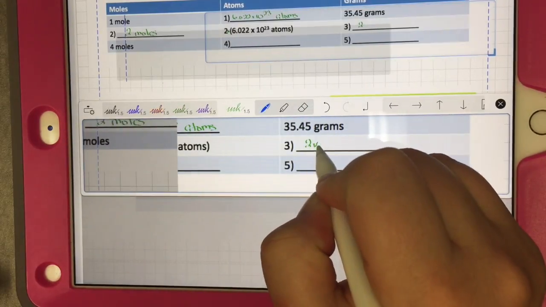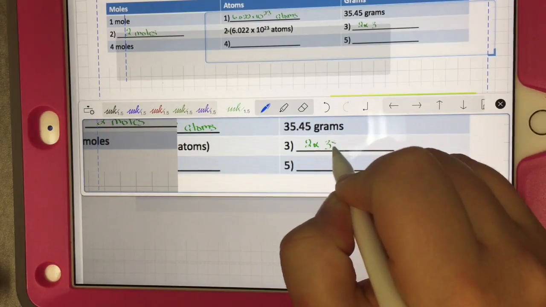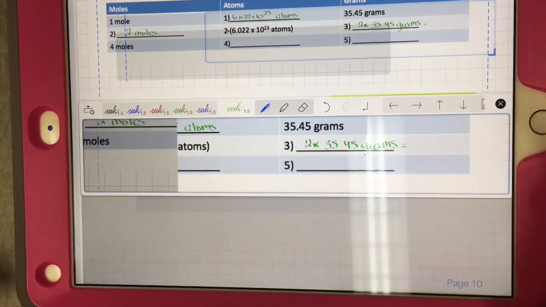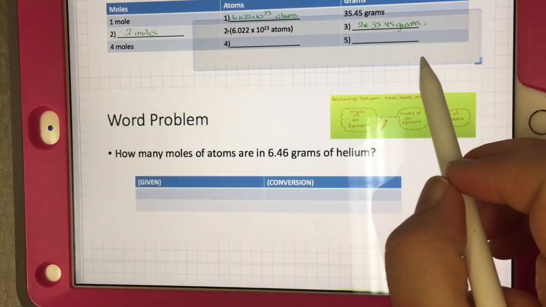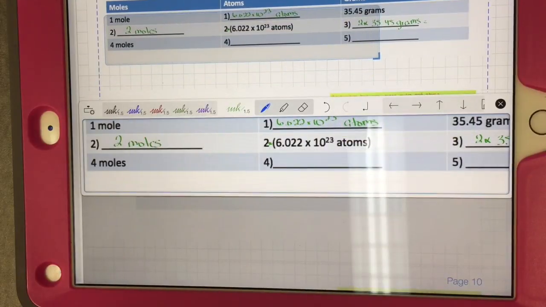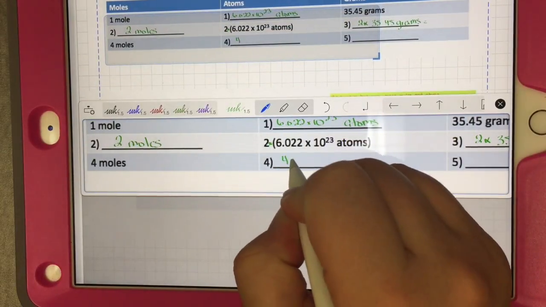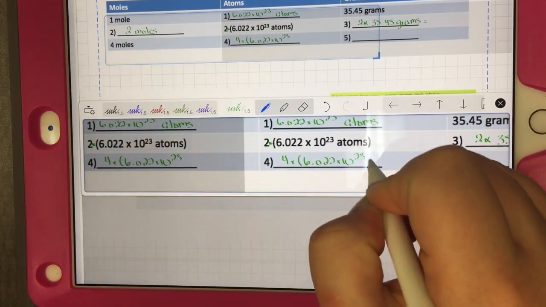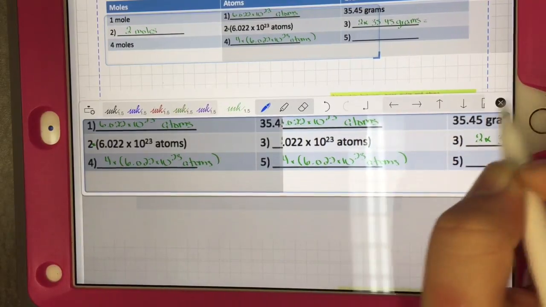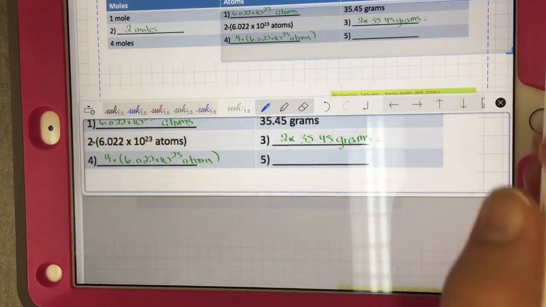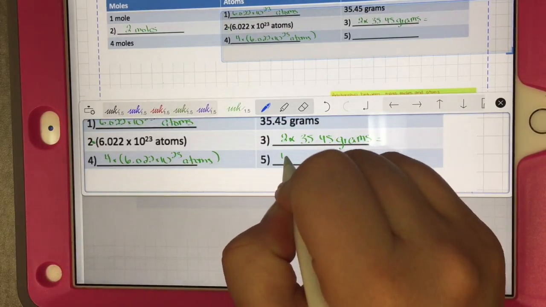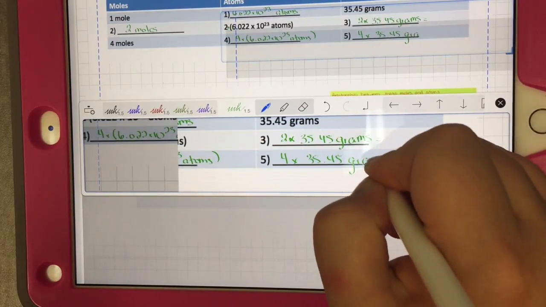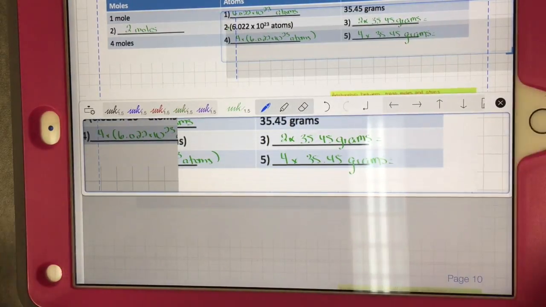So you're going to have 2 times 35.45 grams to get the mass of 2 moles. And if we have 4 moles, then we're going to have 4 times the number of atoms found in 1 mole. And so then we need to multiply our original atomic mass times 4. You can figure that out with your calculator.